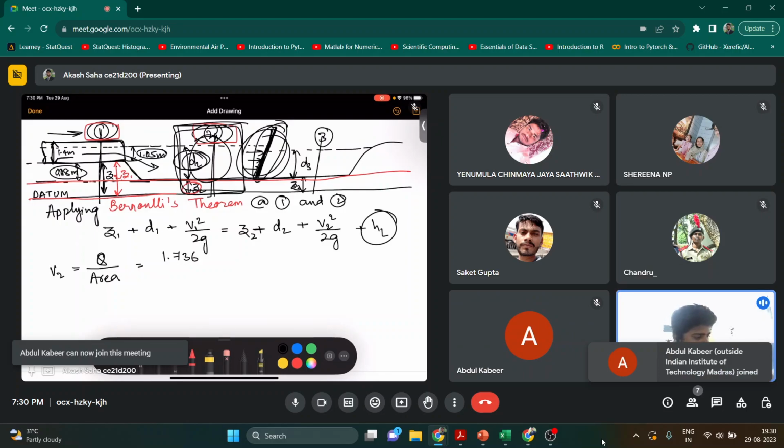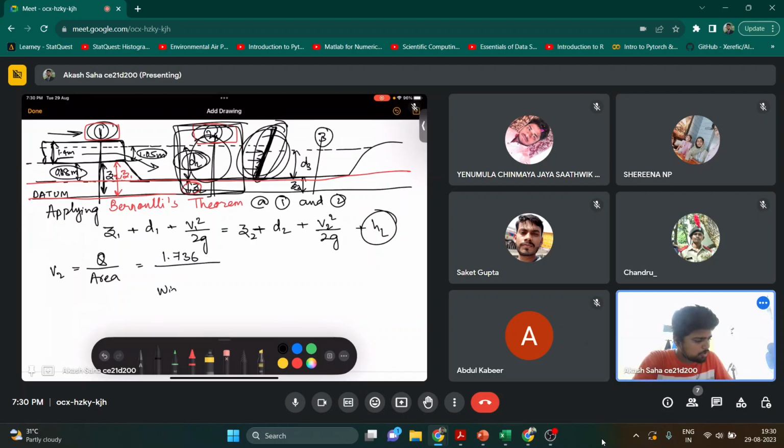And now the area we know it is the width into depth, right? So width we have just found out as 2.545. If you check your previous answers, you have just found out the width as 2.545, and depth we don't know.